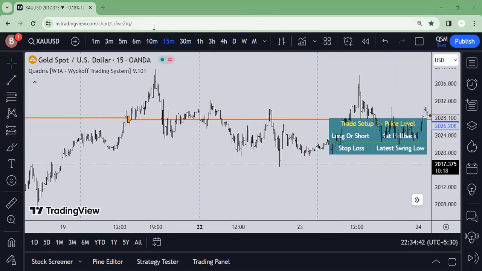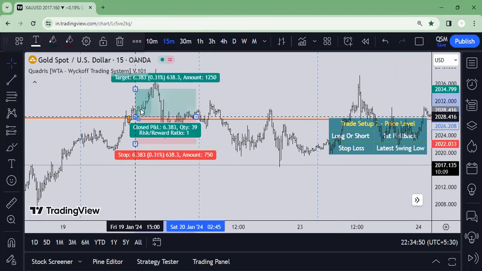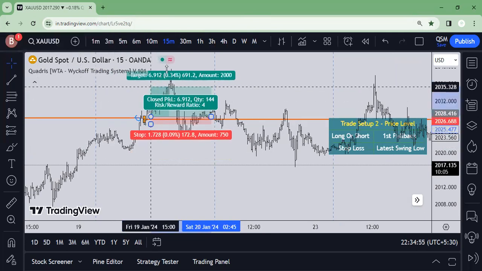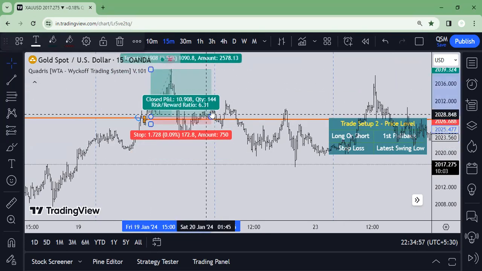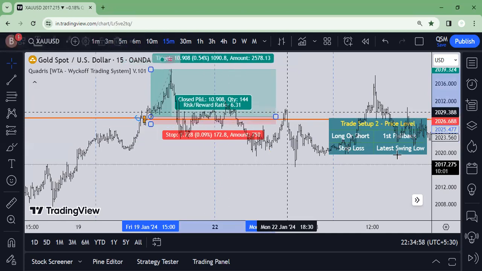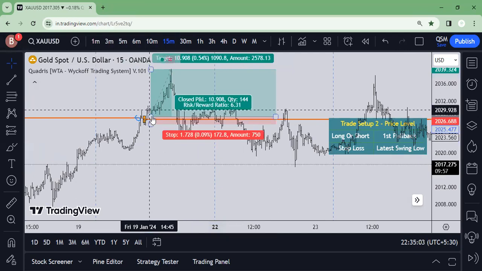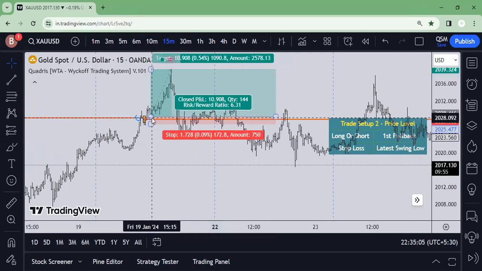If you see over here, this is the first pullback, and I follow whatever the risk is, 6.31. Here I've intentionally mentioned last swing low, because the thing which is coming back towards this point is the swing.